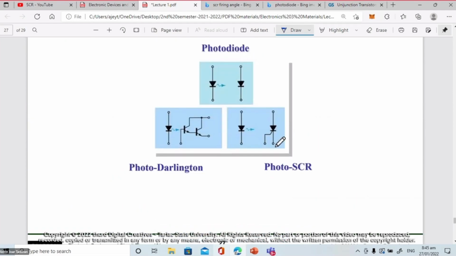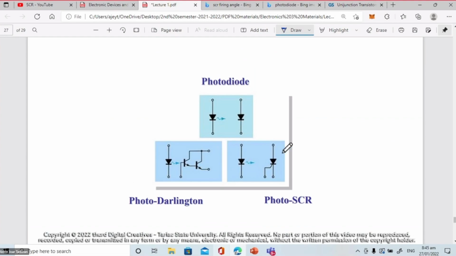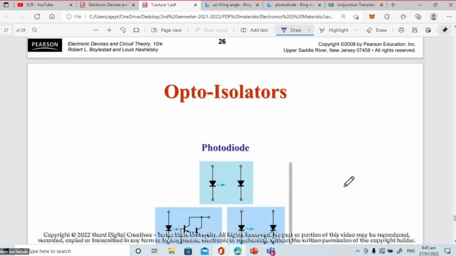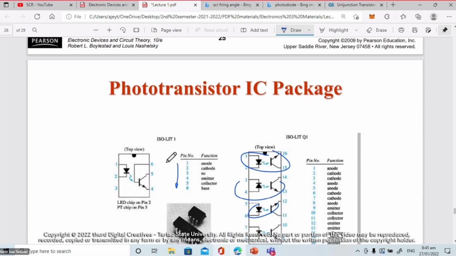So, combination lang yung mga yan. Kung ano yung characteristic na SCR natin, lagyan mo lang ng photodiode dun sa circuitry niya, it will become an opto-insulator, which is, ang input natin will be light. Kaparehas lang din naman ang characteristic ng phototransistor natin.